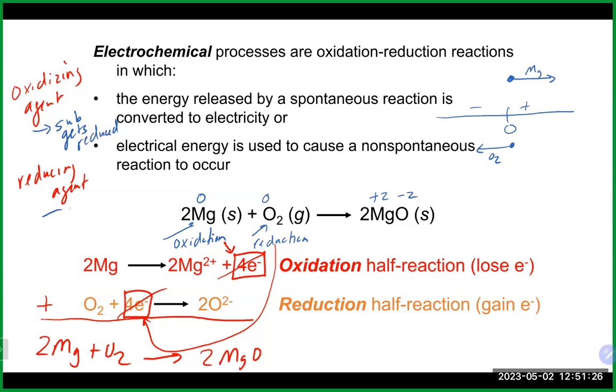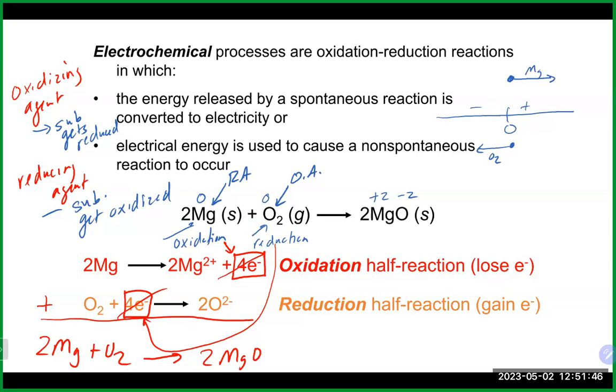And the reducing agent is always the substance that gets oxidized. And the reason they're called those things is, for example, here, the magnesium is going through oxidation, which means it is the reducing agent. The oxygen is going through reduction, which means it is the oxidizing agent in this case.